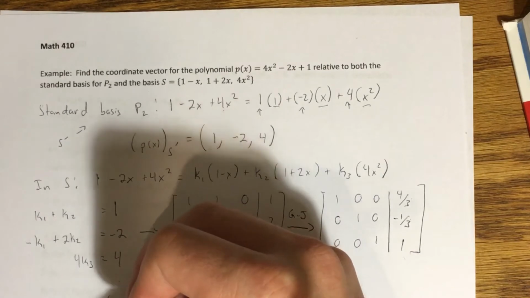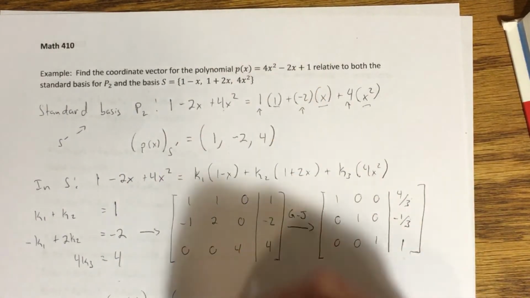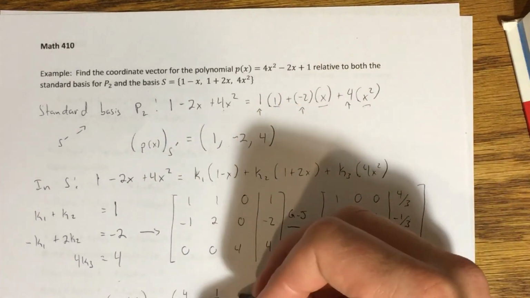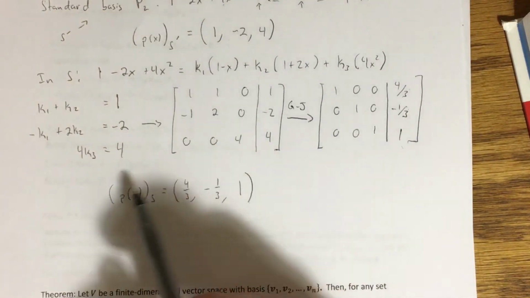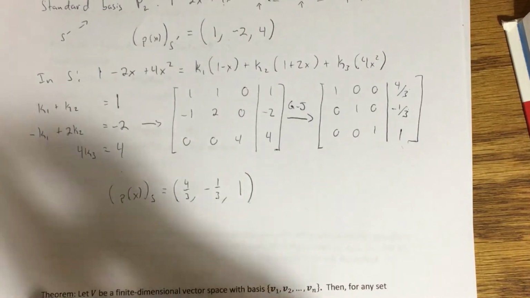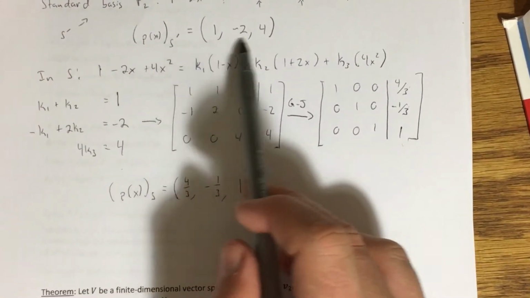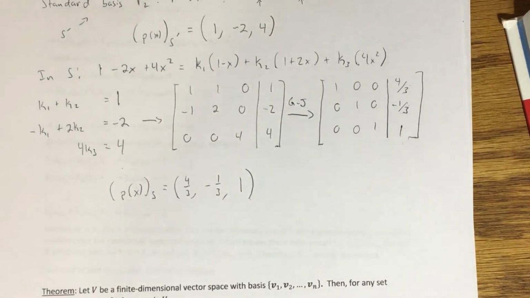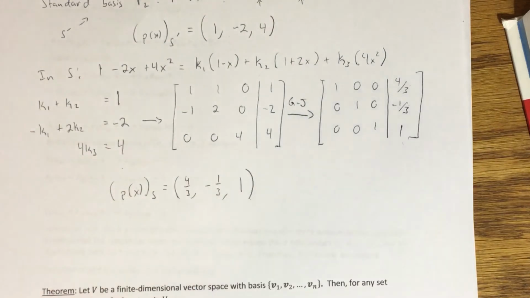That means the coordinate vector for P relative to S looks like 4/3, -1/3, 1. Okay, and again, remember, even though the exact same polynomial has different coordinate vectors, that's only because these represent the scalars in different bases. So they can look different, but they represent the same vector because we're talking about a different coordinate system.